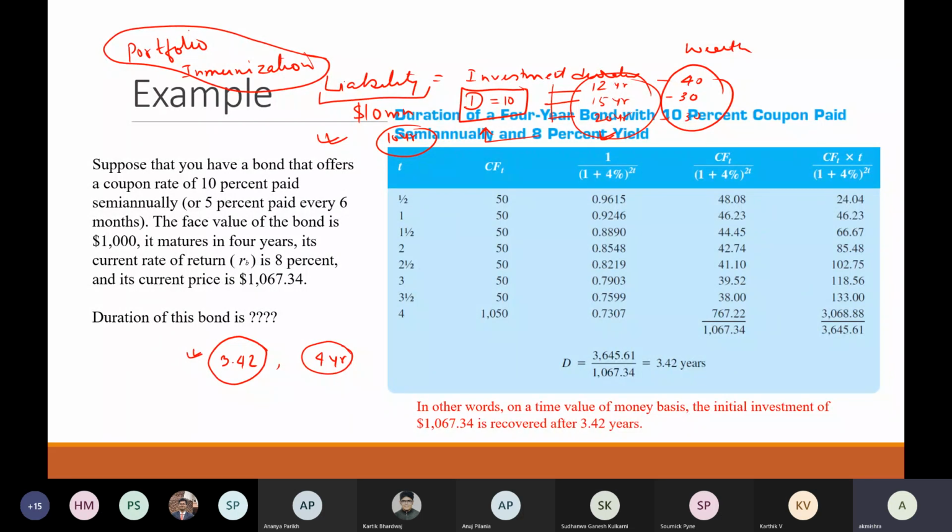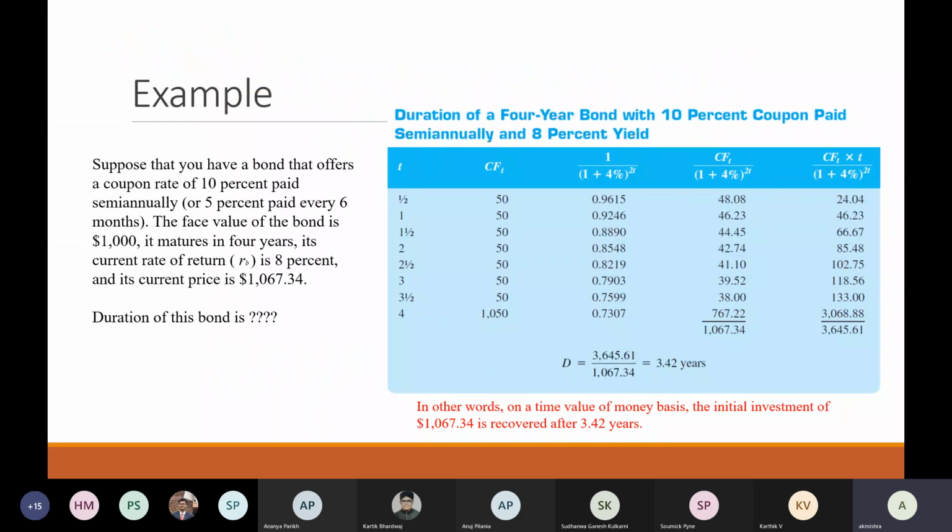So in portfolio immunization, you will find the application of duration. You can read it. There are various sources, but in this course, I'll restrict my discussion only to the basic part. The advanced part, of course, you can read in your other courses like portfolio theory or fixed income securities. If you pick those, definitely these things are going to be discussed.